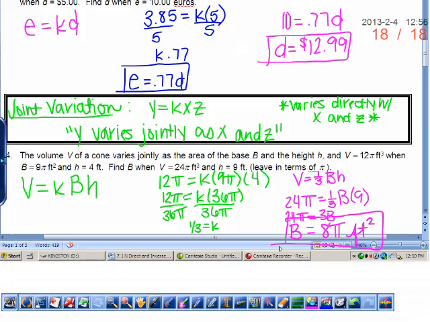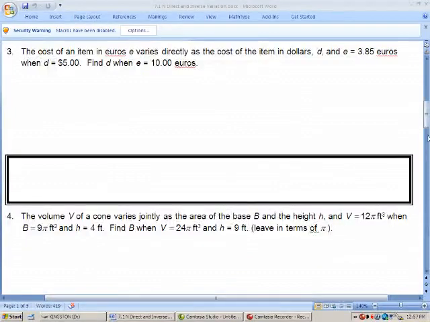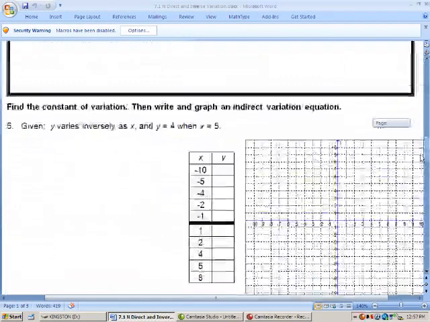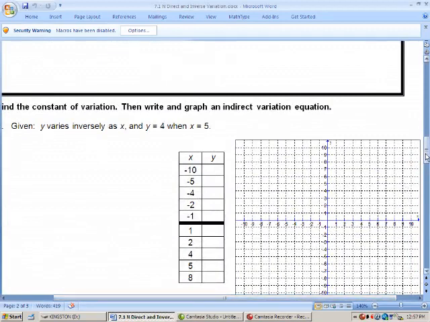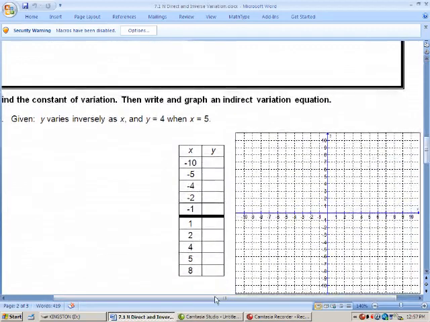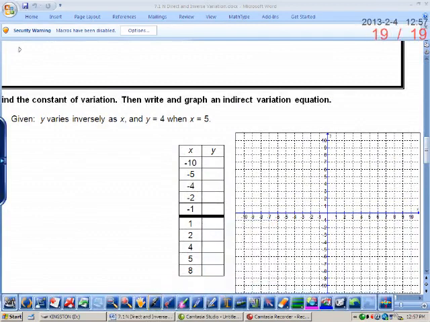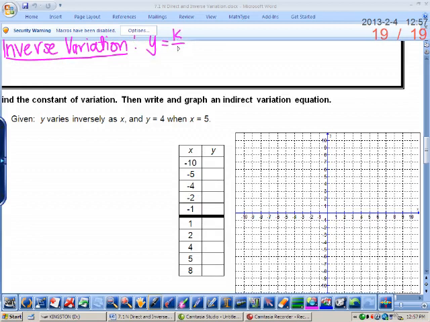All right, so let's talk about inverse variation. Inverse variation is represented by the equation y equals k over x.